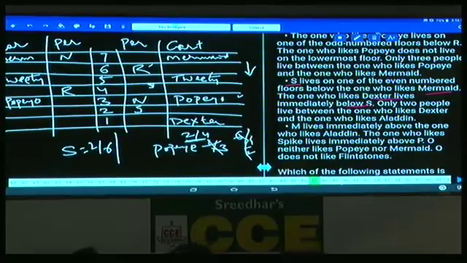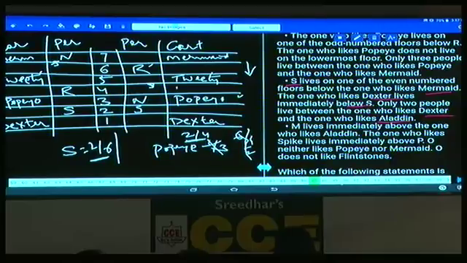Then coming to this one here, if S is on the 6th floor, then Dexter must be on the 5th floor, which is not possible. Hence S cannot be on the 6th one, cannot be 4, S must be here. If S is here, then Dexter must be on the 1st floor. And only 2 people live between Dexter and Aladdin. Dexter and Aladdin exactly 2 persons.